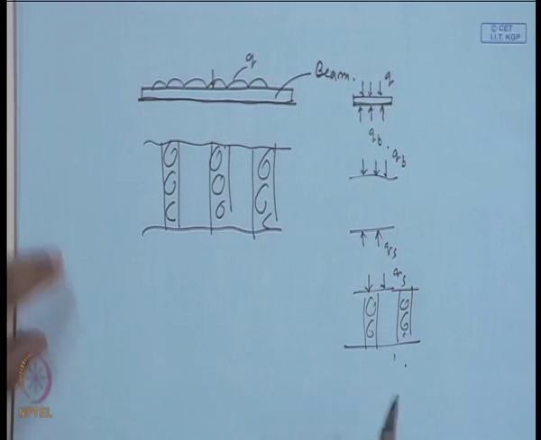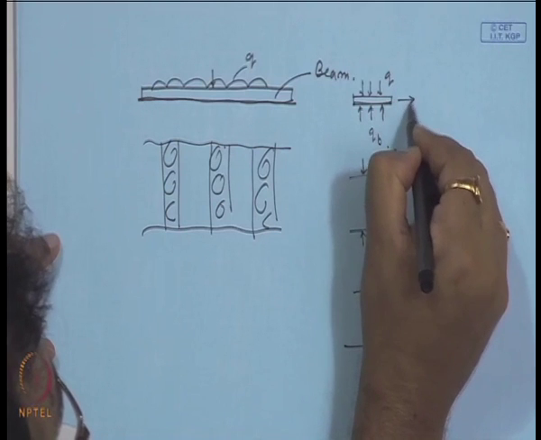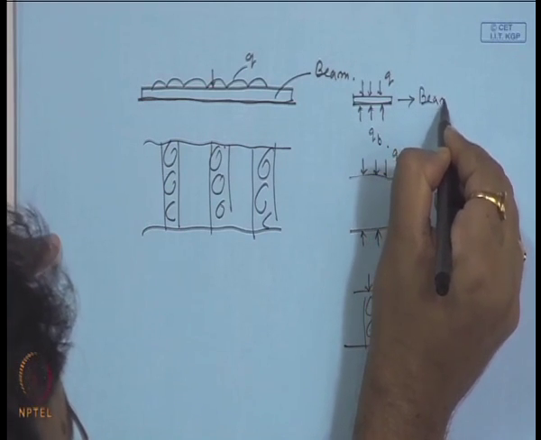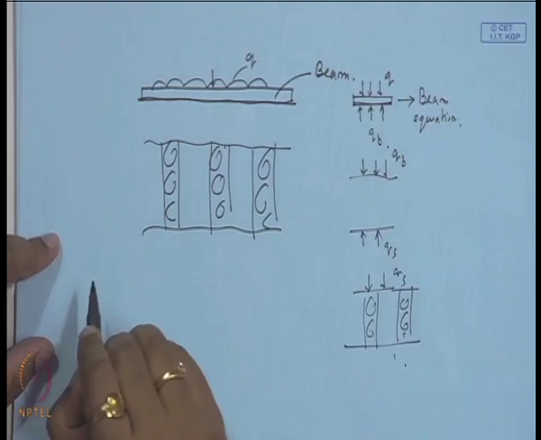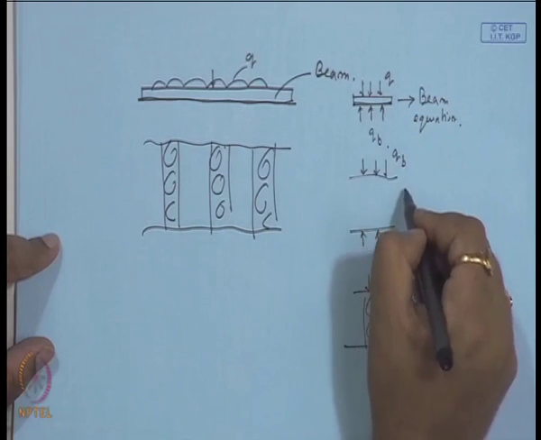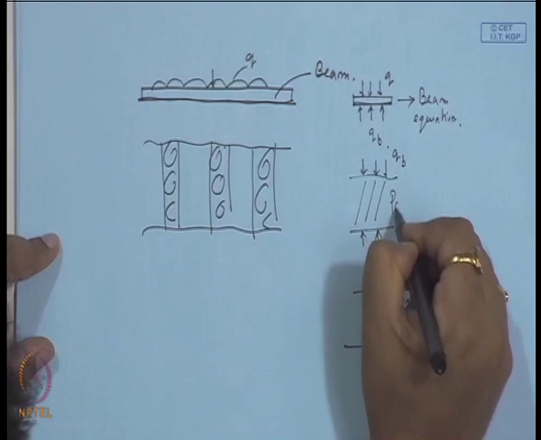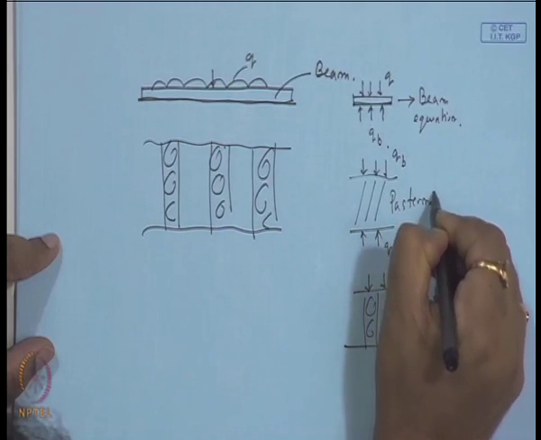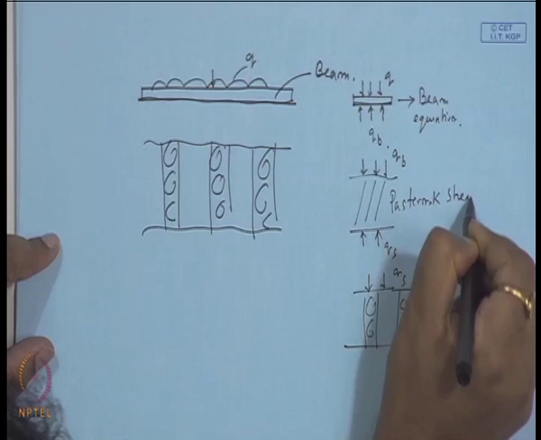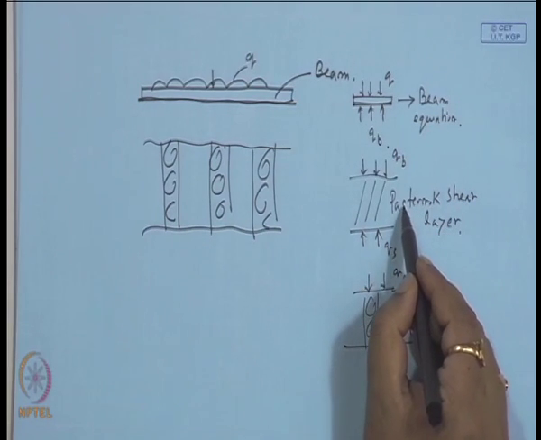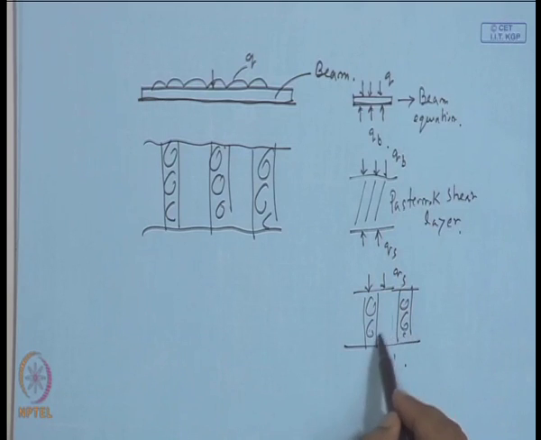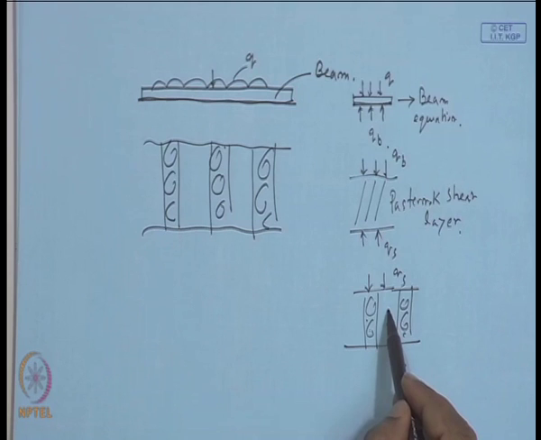So, in this portion you have to use the beam equation, and here this is a Pasternak axial layer. So, we have to use the Pasternak layer expression, and here the stone column expression and the soft soil expression.